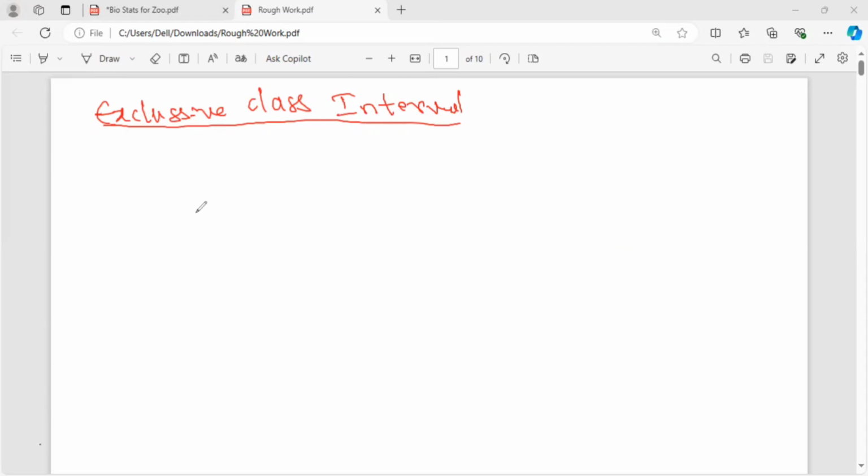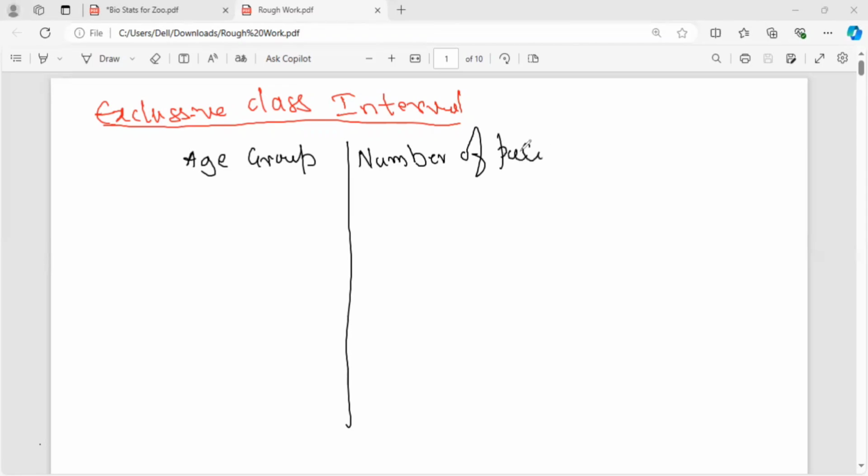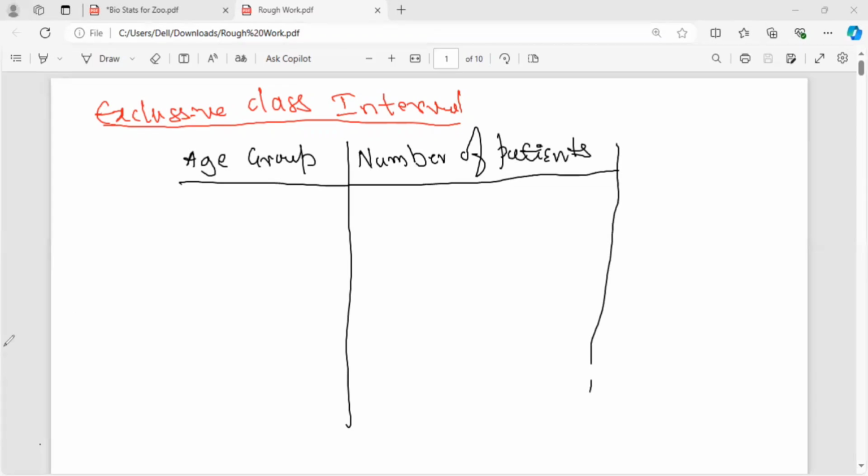In exclusive class interval, I will consider the same example, that is age and number of patients: age group, then number of patients admitted to any hospital.